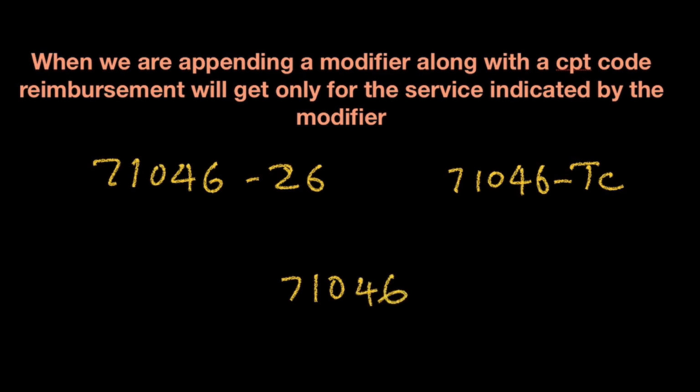It is enough to get payment for both the professional as well as the technical component. If you are putting a modifier, whoever it may be, they will get payment for the procedure indicated by the modifier. If you are not putting any modifier, both components go to the concerned person.